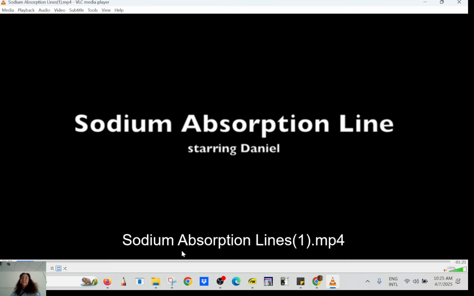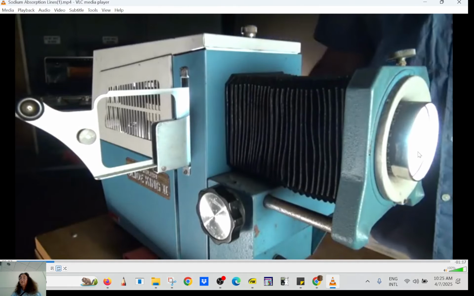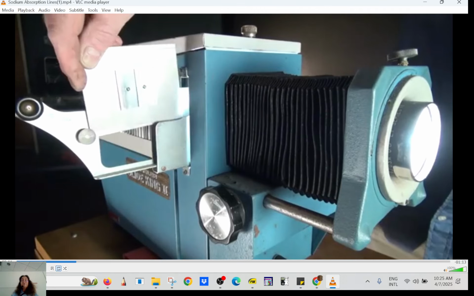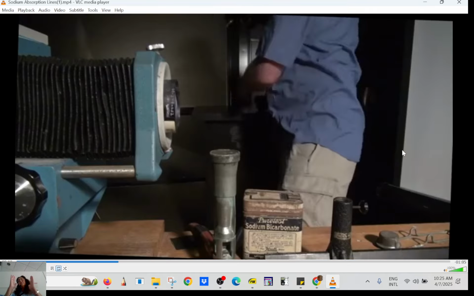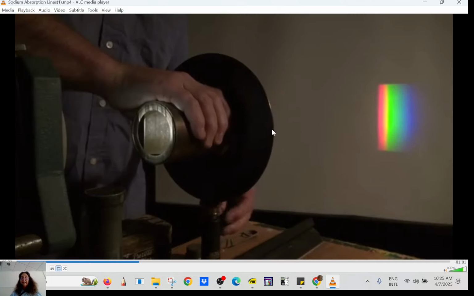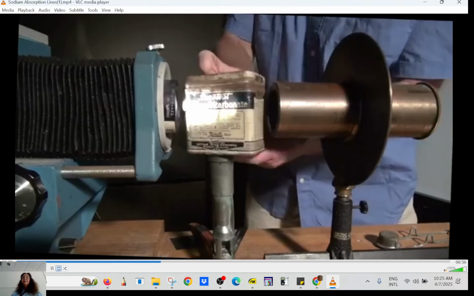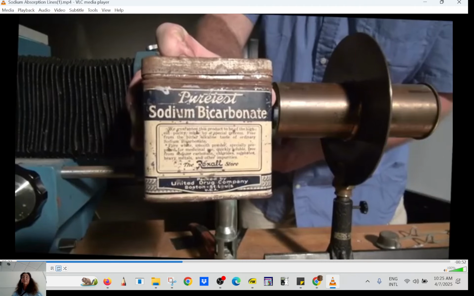So here is testing sodium. So you need some bright light. Okay, so that will be the light from the core of the star. So this is like your prism. You make the light go through a slit, and it's going through a prism. So you see your continuum of light. So it's very continuous.